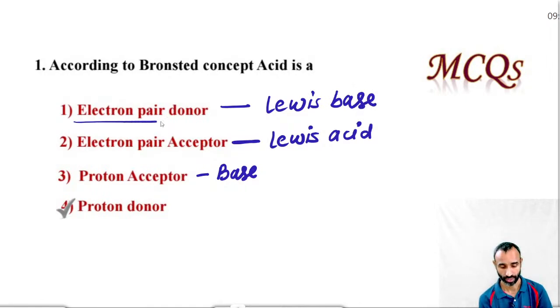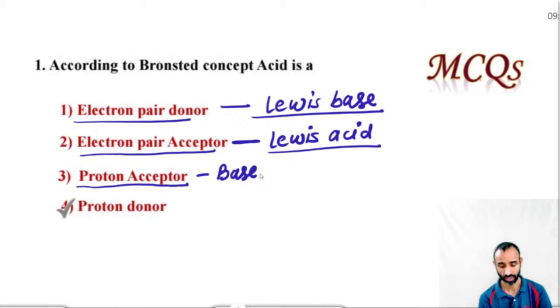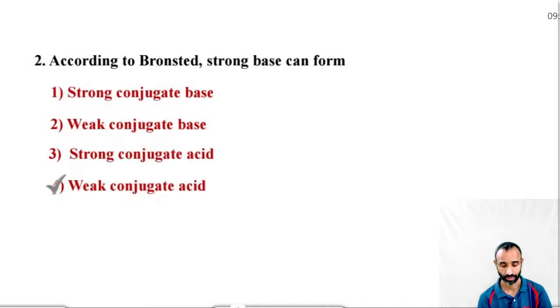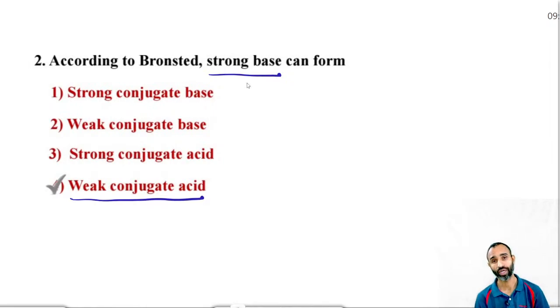So electron pair donor is Lewis base, electron pair acceptor is Lewis acid, and proton acceptor is base as per Bronsted-Lowry concept, and proton donor is acid. So strong base has weak conjugate acid according to Bronsted-Lowry concept, and weak base has strong conjugate acid.